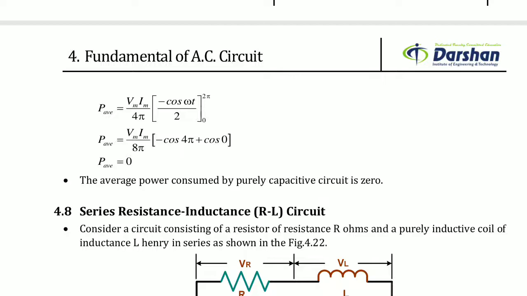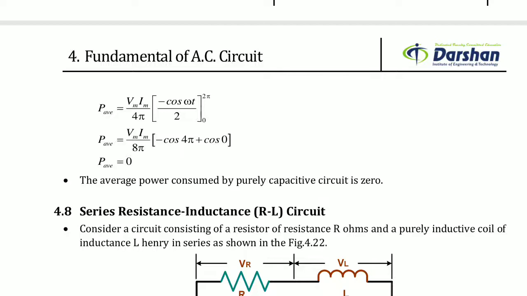Now in pure inductive circuits, the voltage across the inductor is VL, which is nothing but the self-induced EMF which opposes the instantaneous current.